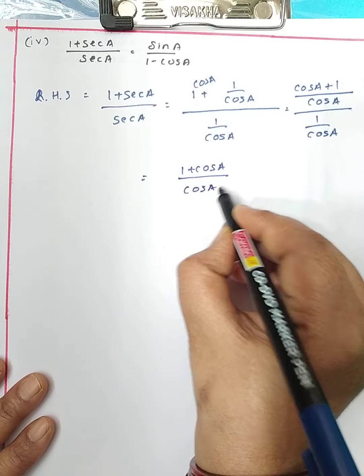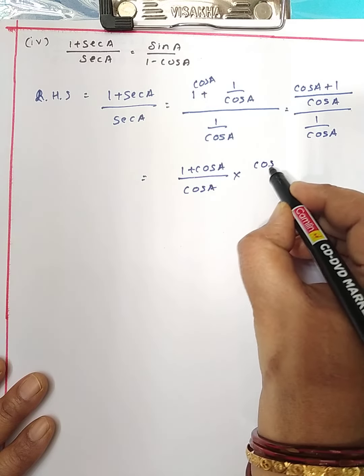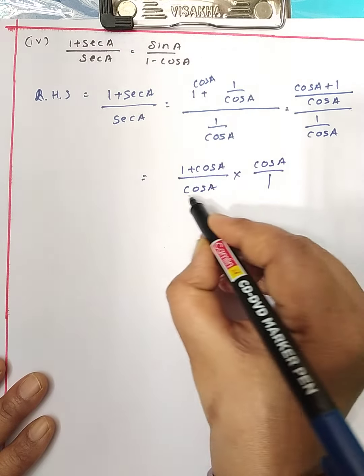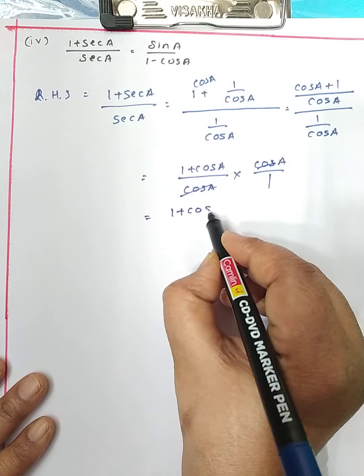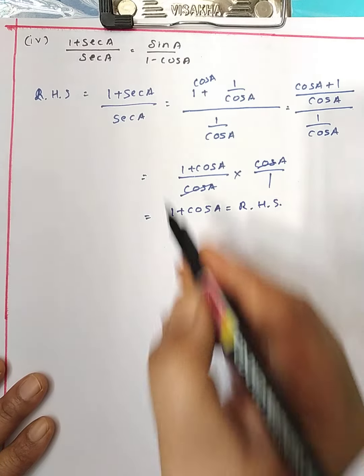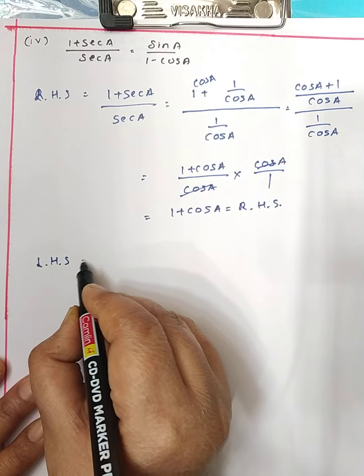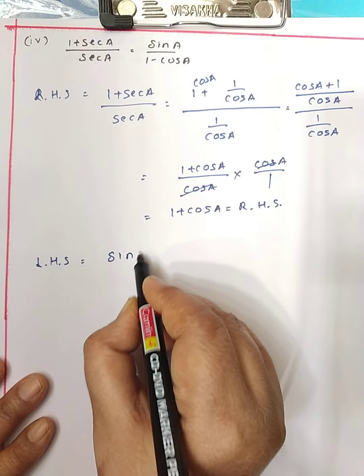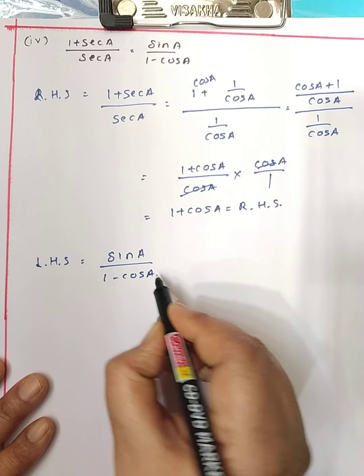This is cos a into 1 by cos a, becomes cos a by 1. So it gets cancelled here. This 1 plus cos a is the LHS. Now similarly we simplify the RHS. RHS is sin a by 1 minus cos a.